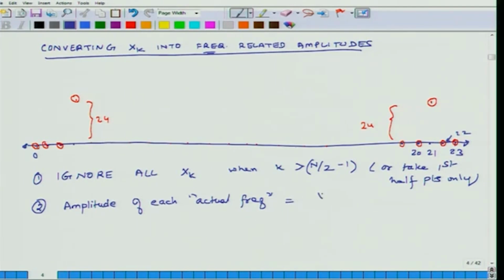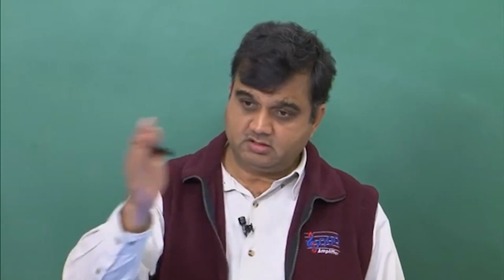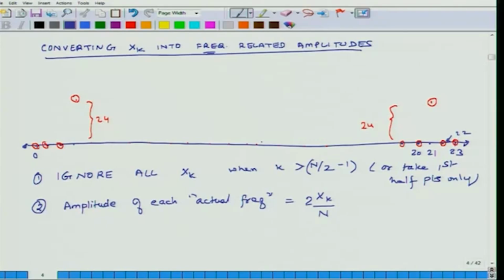So, the amplitude of each actual frequency is equal to xk divided by N times 2. Because you ignored the other half, you will always find that when you do this analysis, this whole figure will be symmetric.